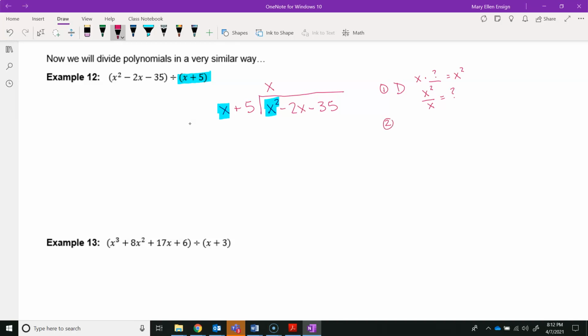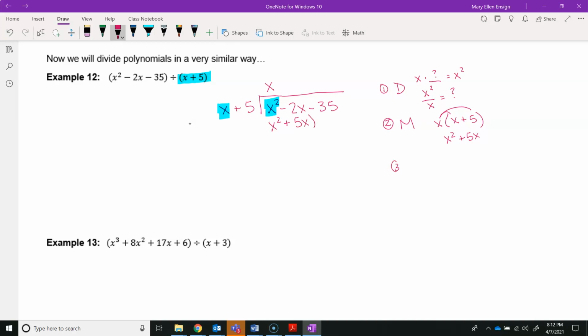Okay, my next step is to multiply. So I need to multiply whatever I just put on top times the entire divisor. Okay, not just the part I highlighted before, but the whole thing. So x times x is x squared, x times 5 is 5x. So x squared plus 5x, that's what I get from multiplying, and that is going to go right here.